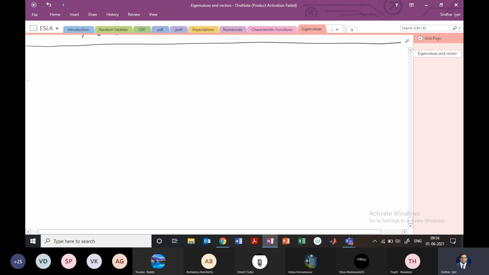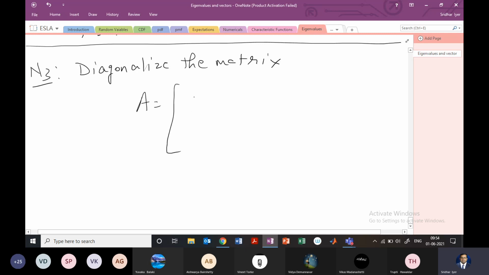So this is the third numerical. The question is: diagonalize the matrix. The matrix given is two, negative 1, 3.